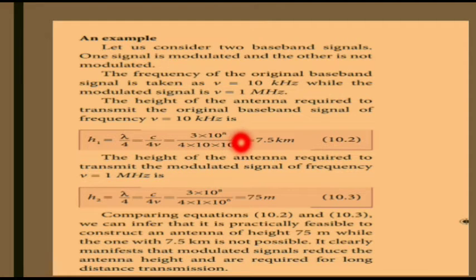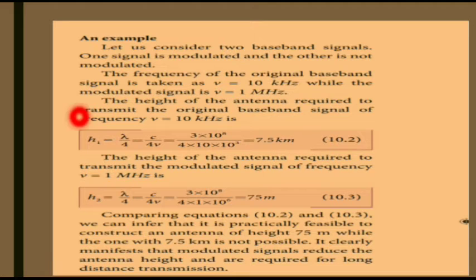Therefore, the speed of light 3 into 10 power 8 divided by 4 into 10 power 3. This 10 power 3 is nothing but kilo. So 10 power 8 and 10 power 3; if 10 power 3 goes to this side it becomes 10 power minus 3, so 10 power 5 divided by 4. Therefore, we cancel, 3 by 4, we will get 7.5 kilometers, right?